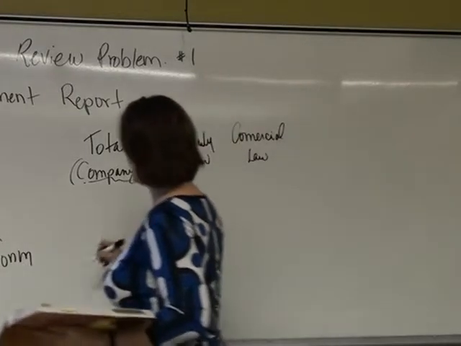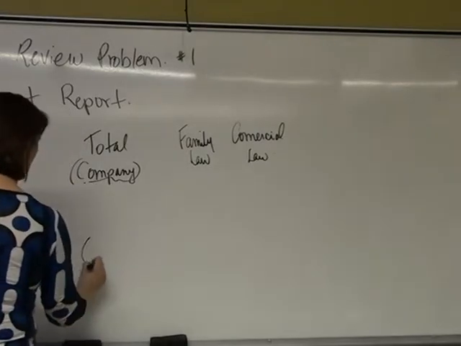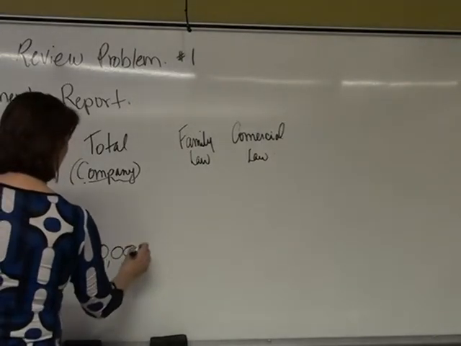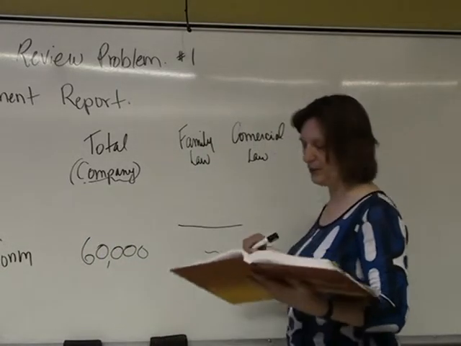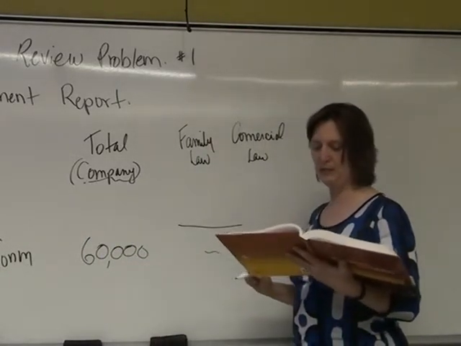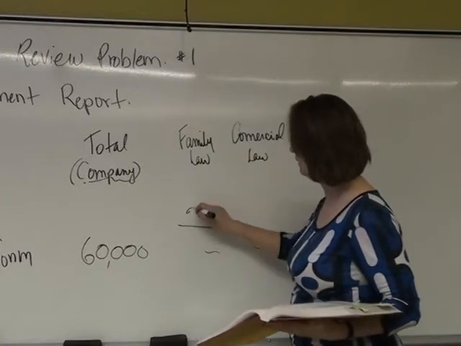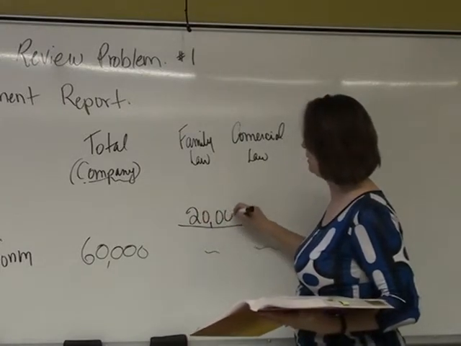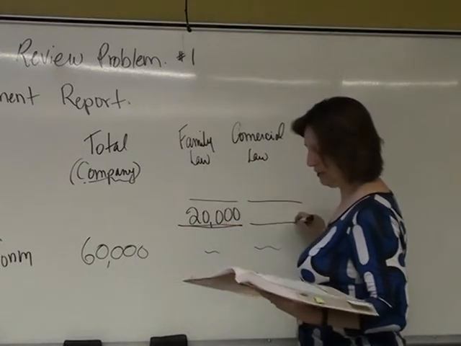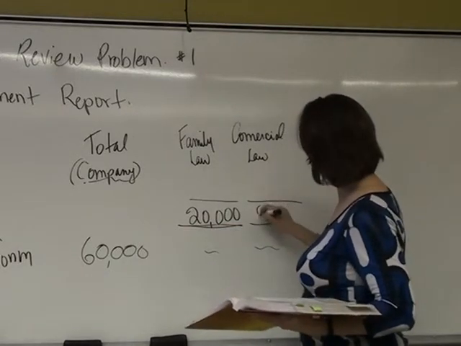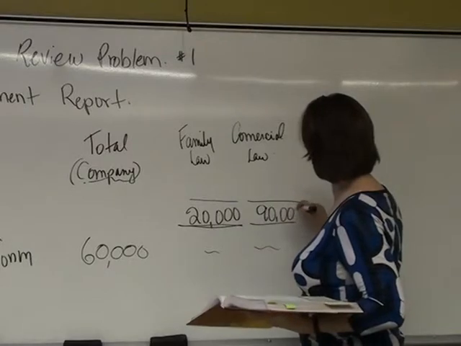Your common costs stay here, and don't drift across here. So your segment stops here. So where are they at? Their segment margin for family law is $20,000. And their segment margin for commercial law is $90,000.